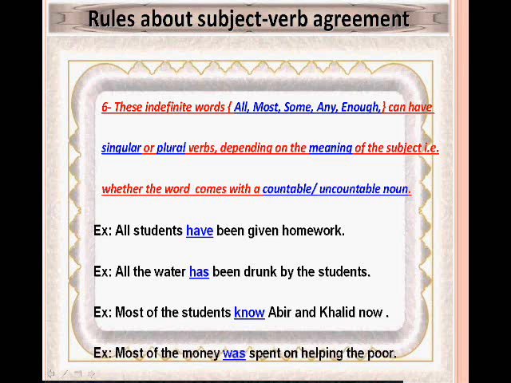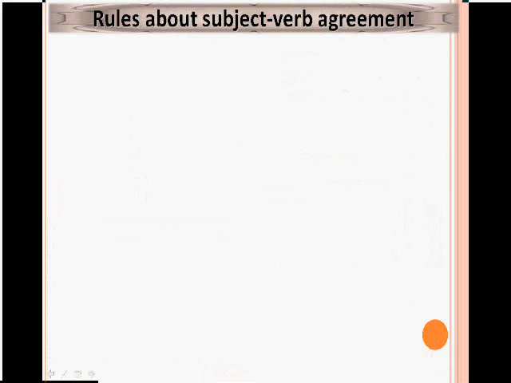If I say most of the money was spent on helping the poor, so here I have most of, and then what happened? Money is an uncountable word, and so it should take a singular verb, so it became was. And I think all of you know that was is the singular form of verb to be in the past simple tense. So again, if I have most of the students, here I have countable nouns, then the verb will be plural. Most of the money, I have uncountable noun, then the verb is going to be singular. Don't forget that, okay?